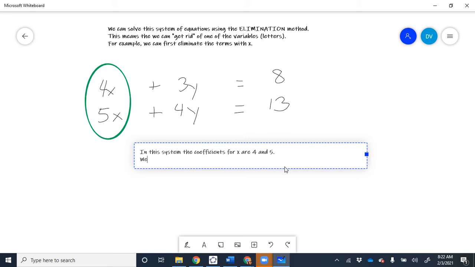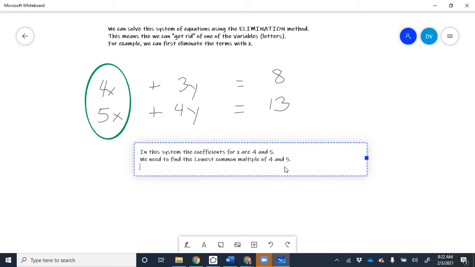And we need to find the lowest common multiple of 4 and 5. So this is simple arithmetic.